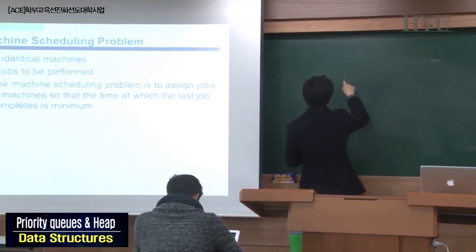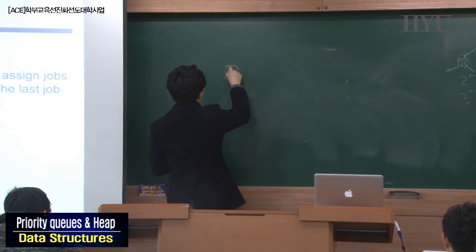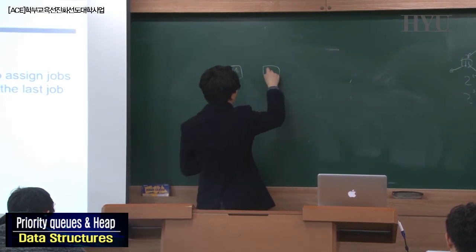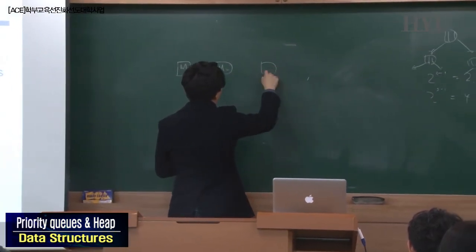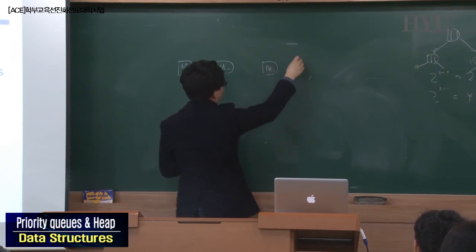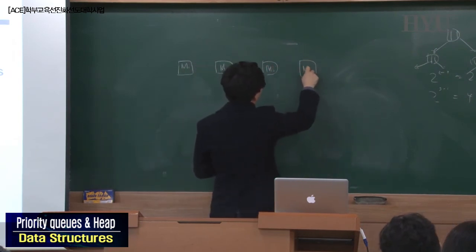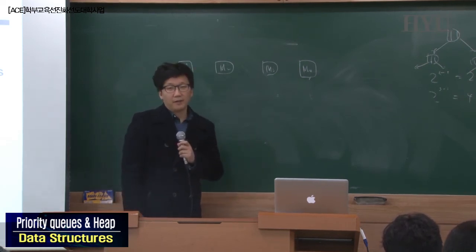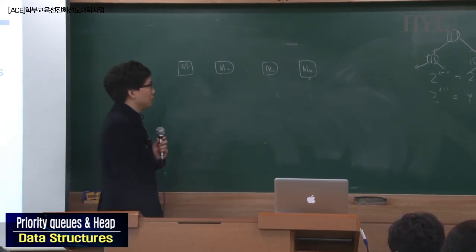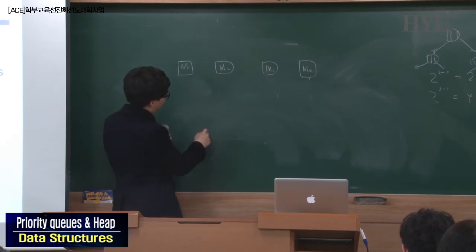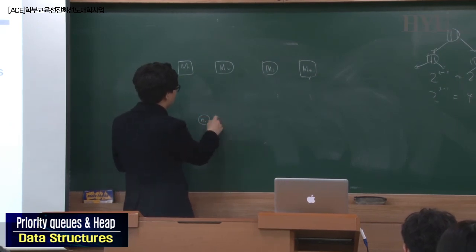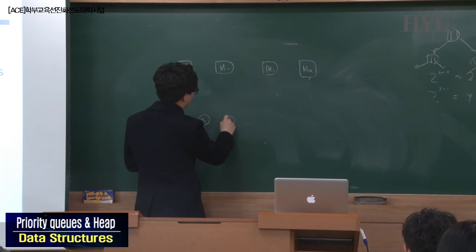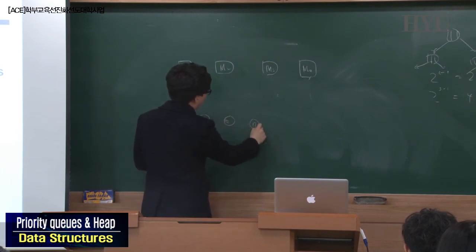Machines M1, M2, M3, M4, I don't care. Some type of machines can do something, and there are n jobs. So n jobs, n1, n2, n3.